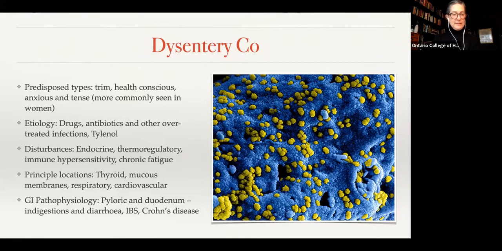The principal locations in which the pathology shows up are the thyroid, the mucous membrane, respiratory tract, and cardiovascular system. The GI pathophysiology is located largely in the pyloric area, in the sphincters, in the duodenum. There's a lot of indigestion, diarrhea, irritable bowel syndrome, and Crohn's disease.